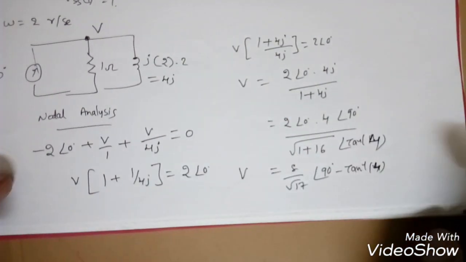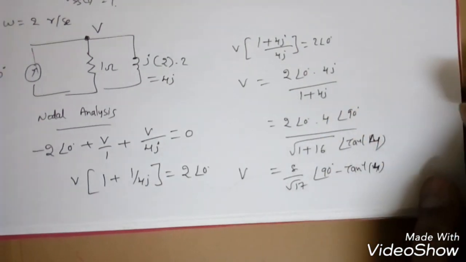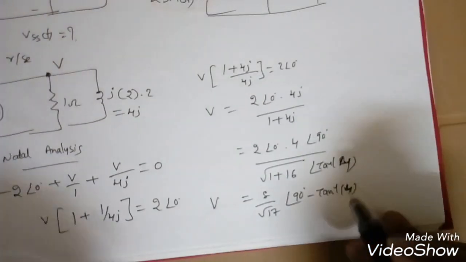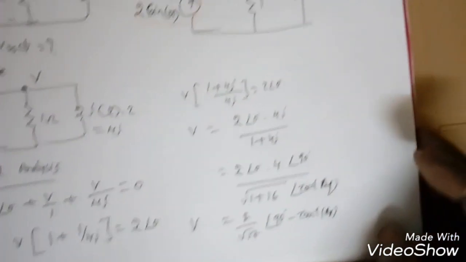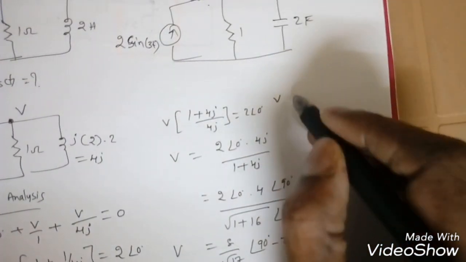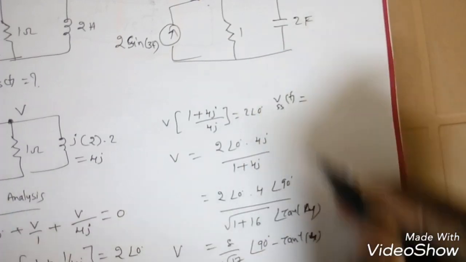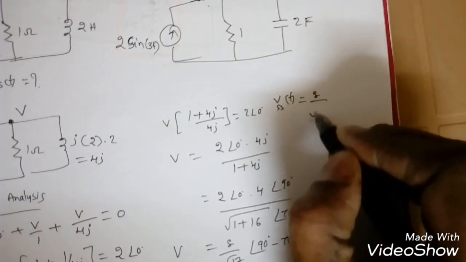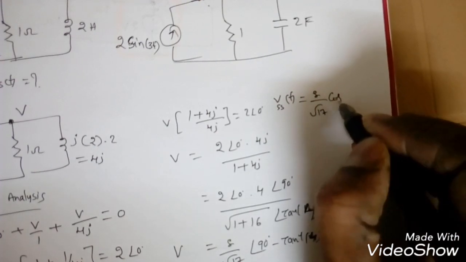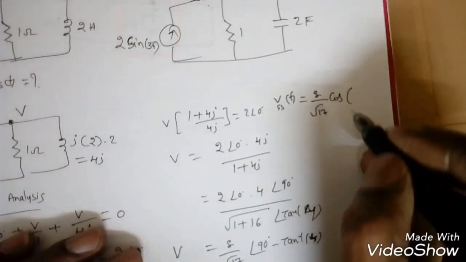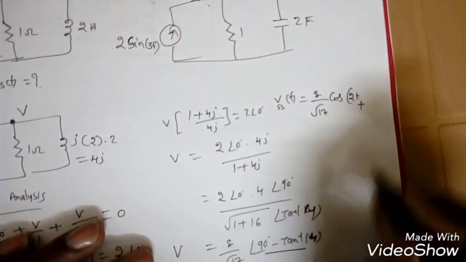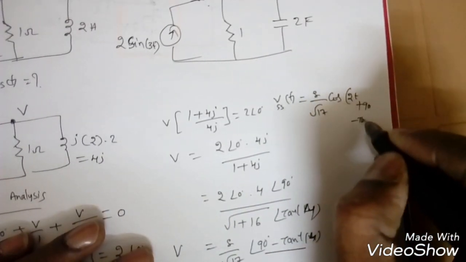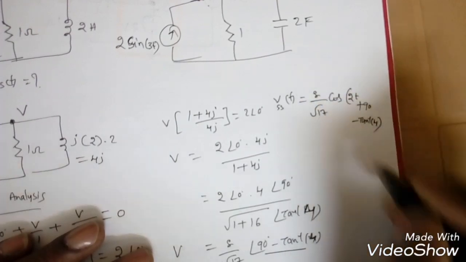So this is V. Now we got 90 minus tan inverse 4. If you use a calculator, you can get tan inverse 4, but we can directly write V of t, the steady state response. V of t is equal to 8 by root 17 cos, because a cos signal is given, cos (2t plus whatever the angle is there), so 90 minus tan inverse 4, right?